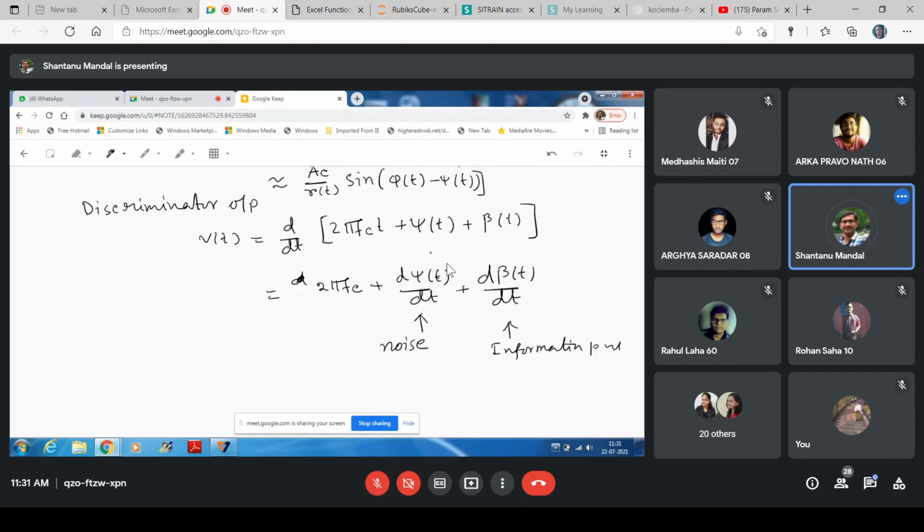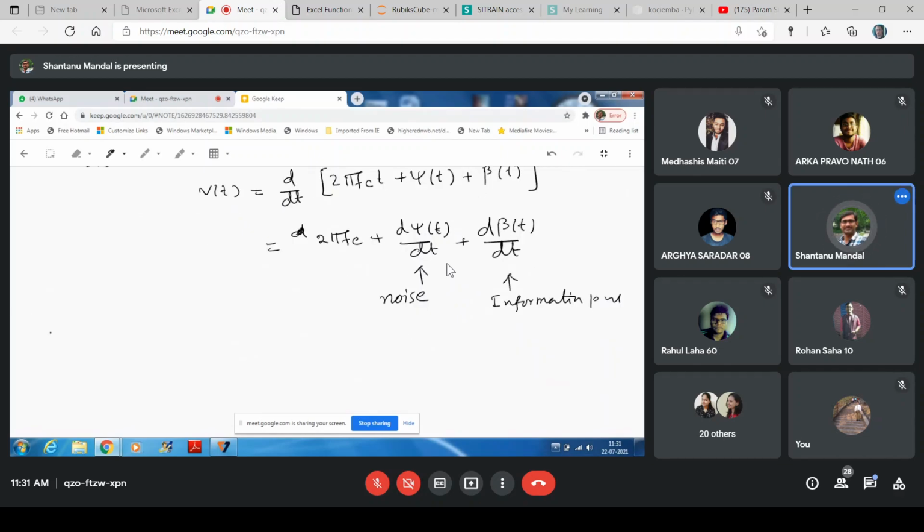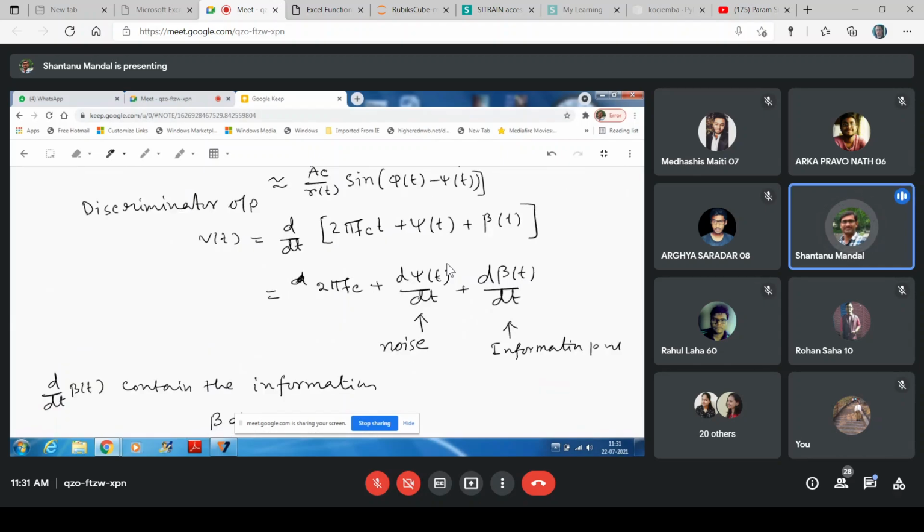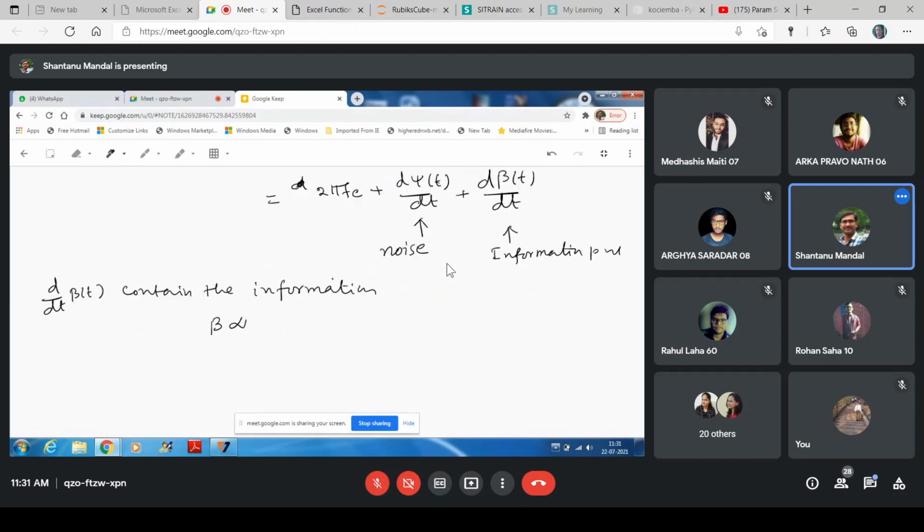So among this output, d/dt of beta t contains the information. But beta t is again proportional to 1 by RT, and RT is the noise signal.